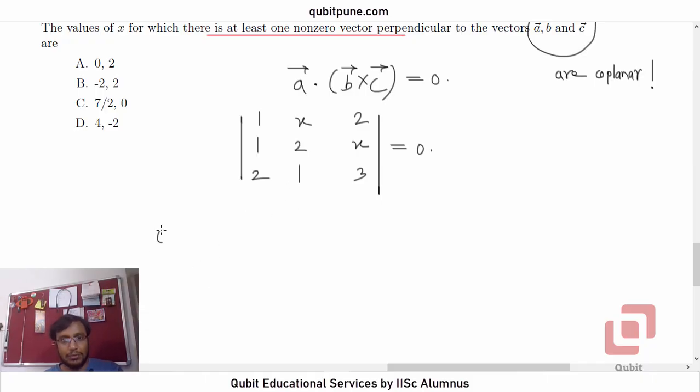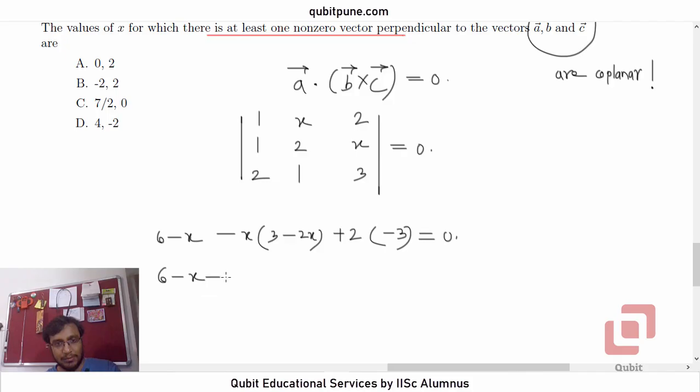Okay, so 1 into 6 minus x, minus x into 3 minus 2x, plus 2 into 1 minus 4, so that's negative 3. So 6 minus x minus 3x plus 2x squared minus 6 equal to 0. The 6 and negative 6 go.